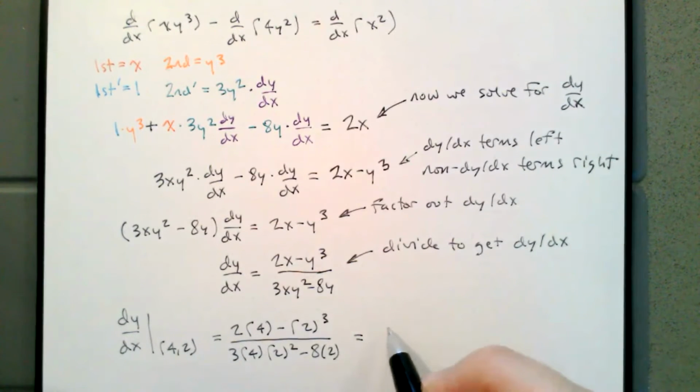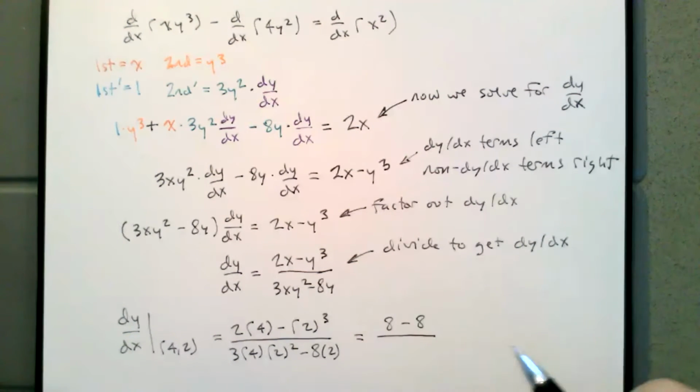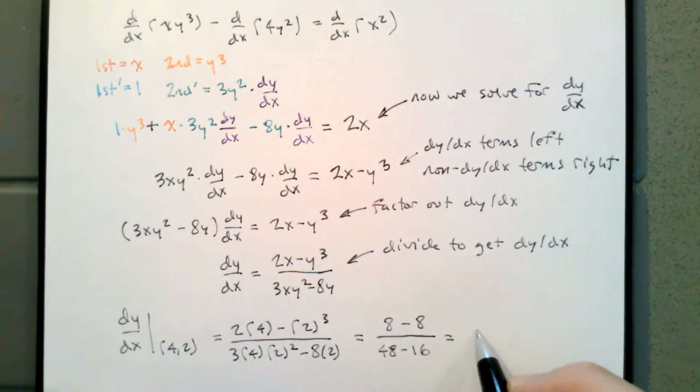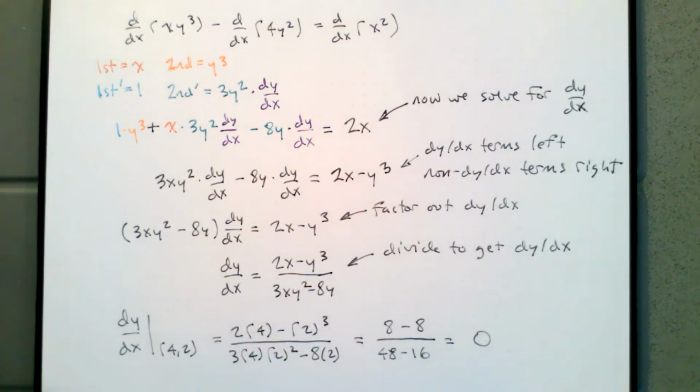So 2 times 4 is 8, 2 cubed is 8. And in the bottom we have 12 times 4 is 48 minus 16. The numerator is 8 minus 8, so we're saved from having to know what 48 minus 16 is.